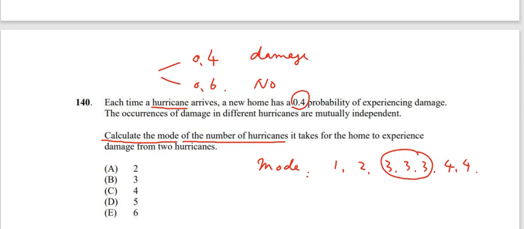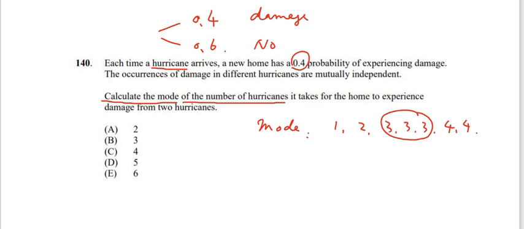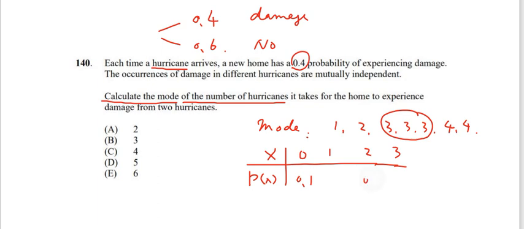So in probability, the value with the highest probability is the mode. Suppose we have this X. X can be 0, 1, 2, 3, and the probability is, let's say, 0.1, 0.3, 0.2, and 0.4. Then X equals 1 is the mode, because its probability to appear is the highest.